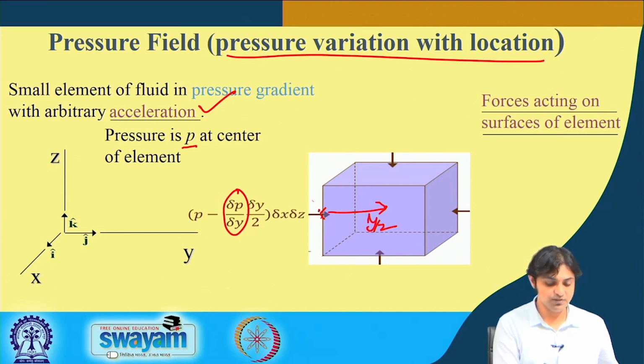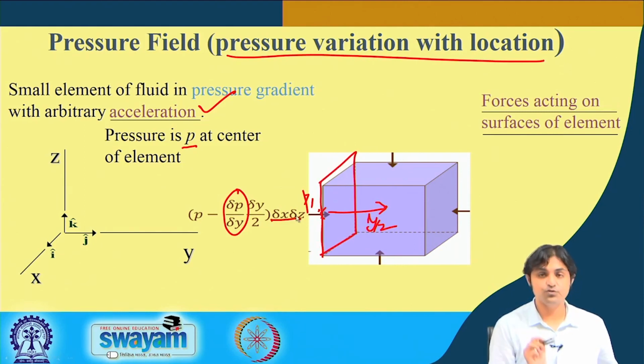So, this is going to be P1, for example here. P1 is P minus delta P by delta y into delta y by 2, and it should be multiplied by the area. This is anyways a 3-dimensional element. So, this area is delta x into delta z. So, this is the force on this side.